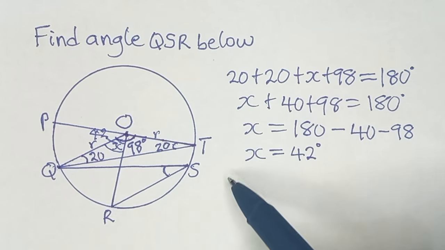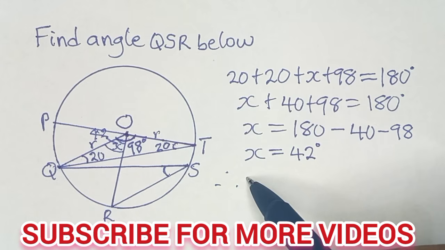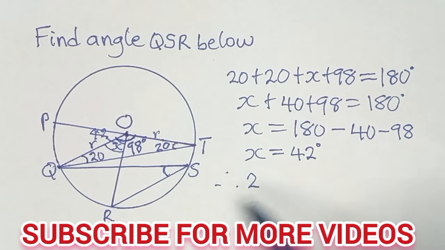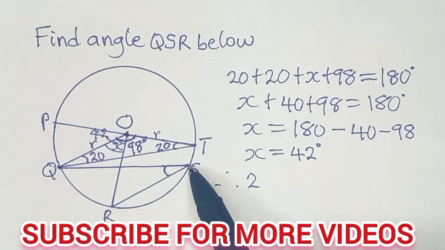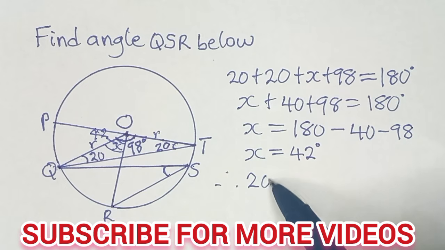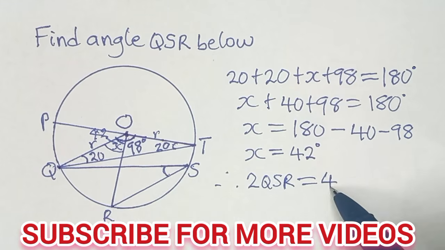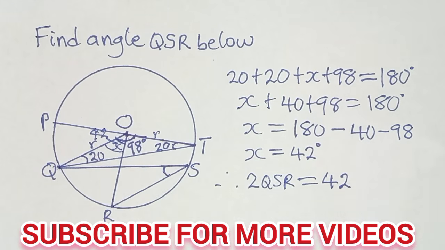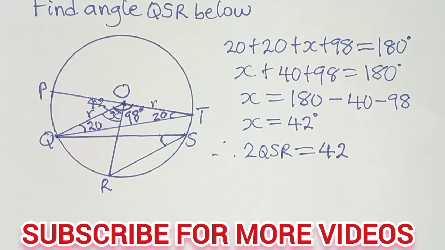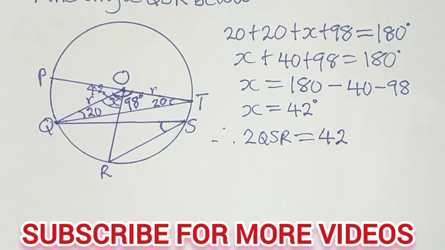So you agree with me that that means twice the one at the circumference, and the one at the circumference is this QSR. So twice angle QSR is equal to the angle at the center, which is 42 degrees, that we got as X. So now, to get the value of QSR, you simply divide both sides by 2.